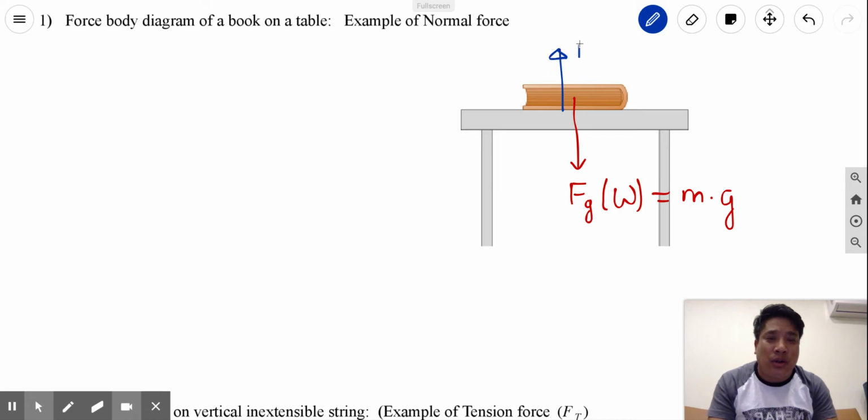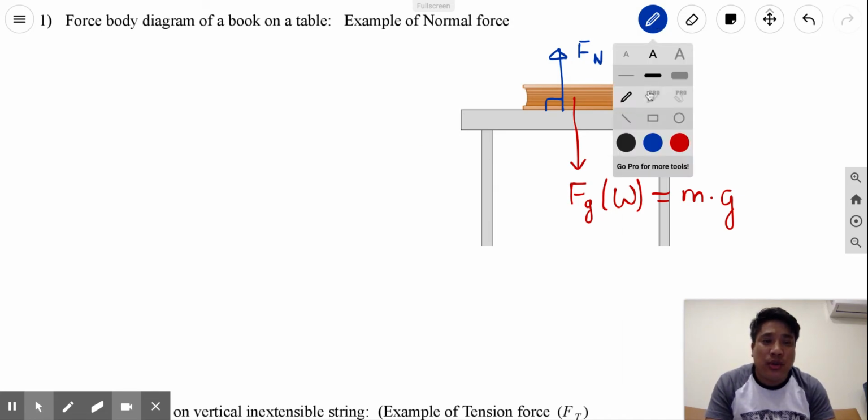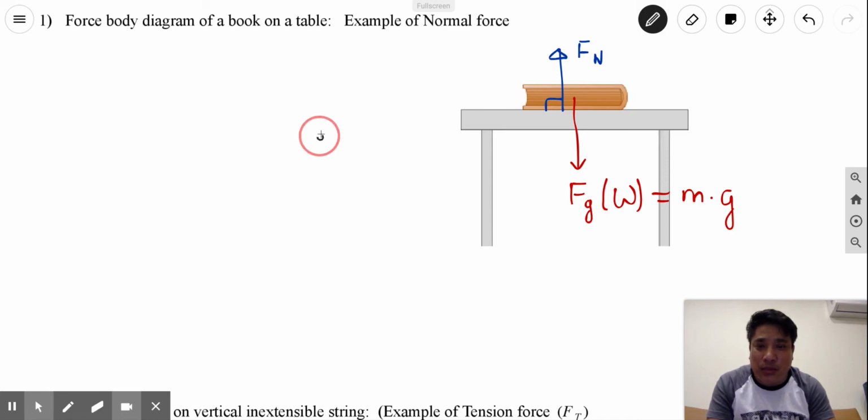We can call that force normal force Fn. As I said, the normal force is always in the direction perpendicular to the surface. In this case we have the table surface, so this is the direction of the normal force. This is how we can represent the different types of forces acting on the textbook. To actually draw the force body diagram, let's assume the object, in this case the textbook, is a dot.